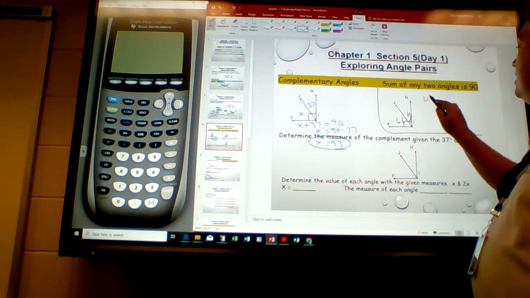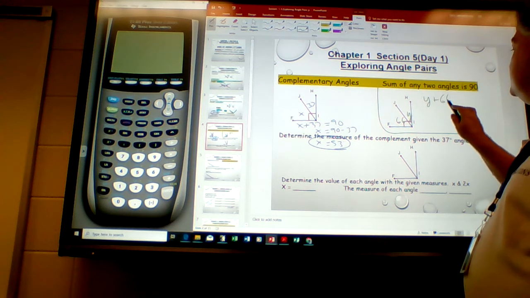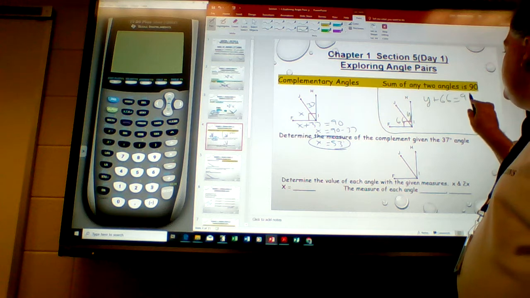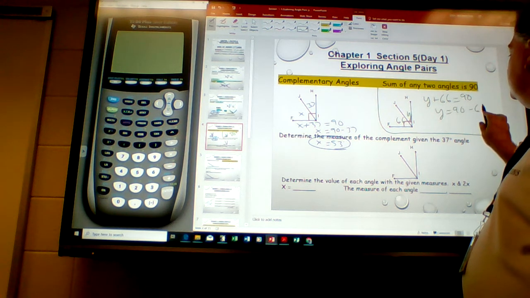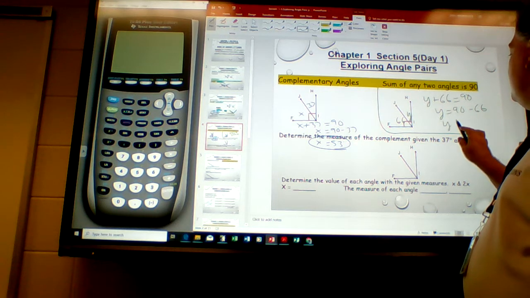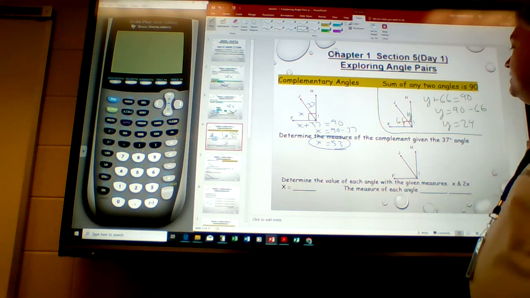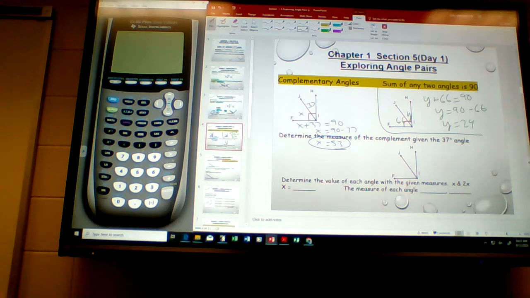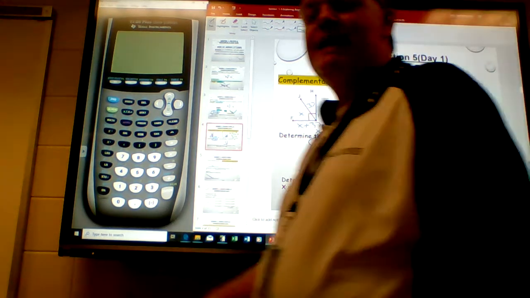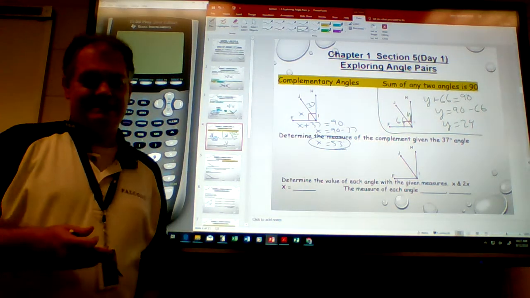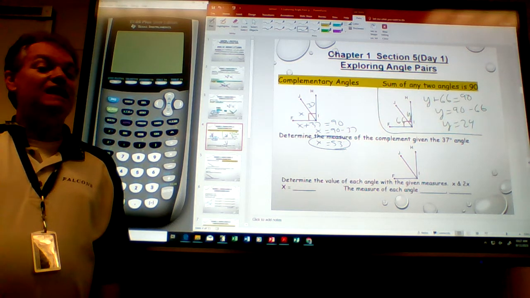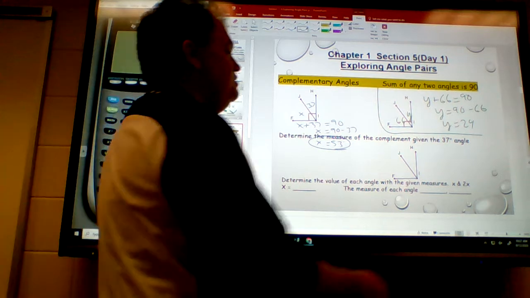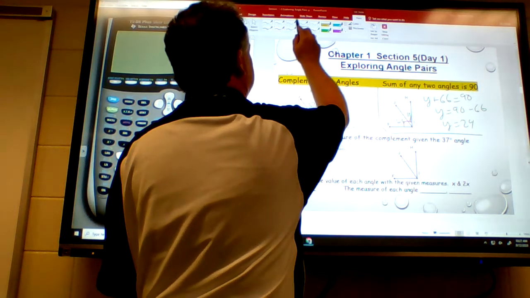So that's going to be y plus 66 equals 90. So then y equals 90 minus 66. So that means that y equals 24. Okay, so that's that. Now, in some cases, I'm not saying all cases, but in some cases, you may be given something like the following.